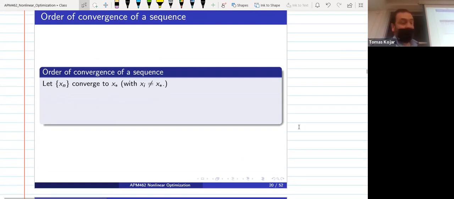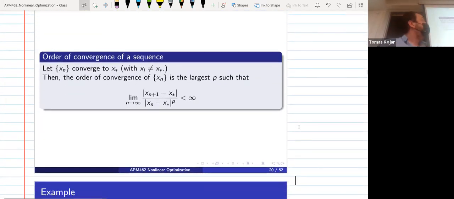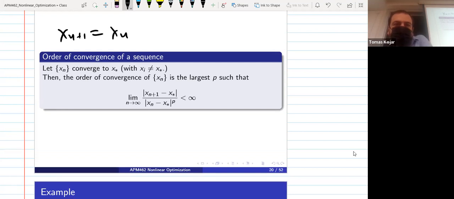Okay, so let's show that this sequence converges. So xn are the steps. xn plus 1 was xn minus f prime of xn over f double prime of xn.